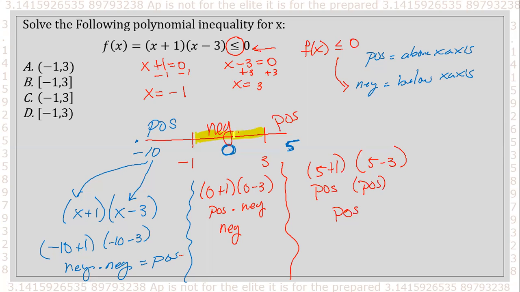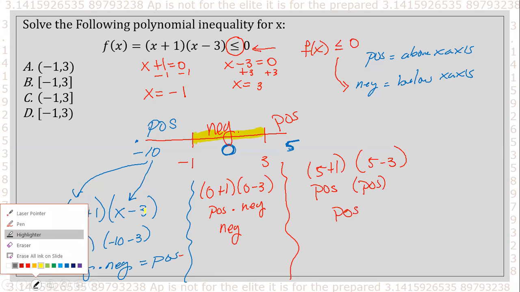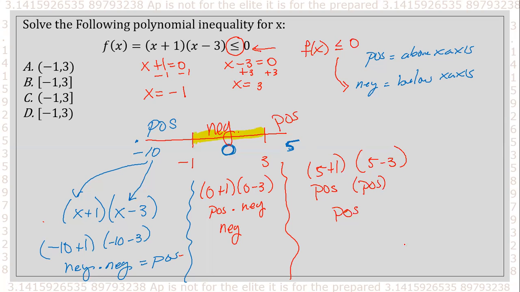So our answer choice should be the numbers negative 1 and 3. Keep in mind, we have this little inequality that has the bar in it, so make sure you are using brackets like so. So our answer is again P.